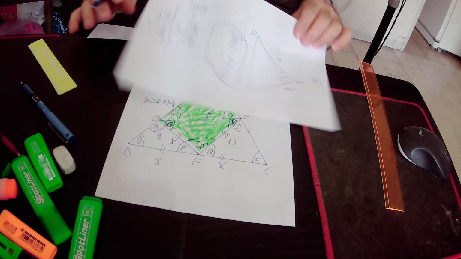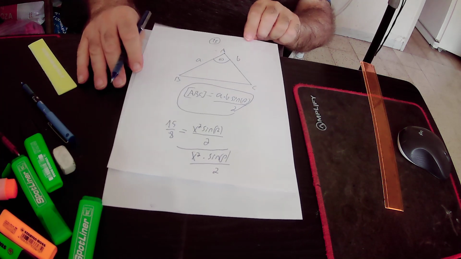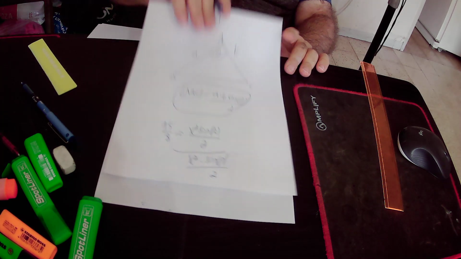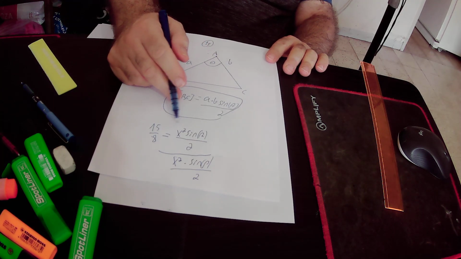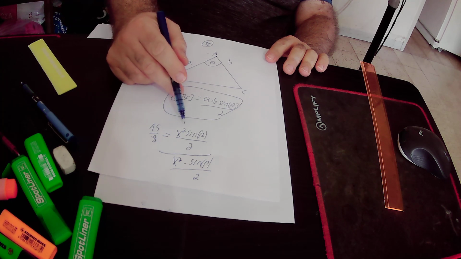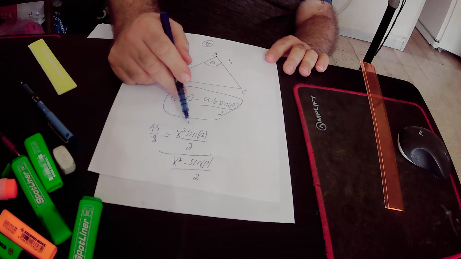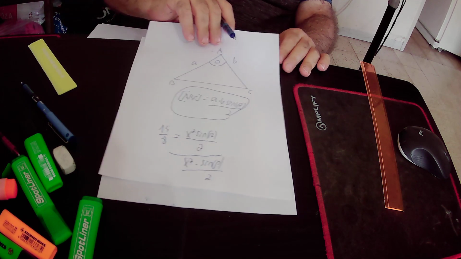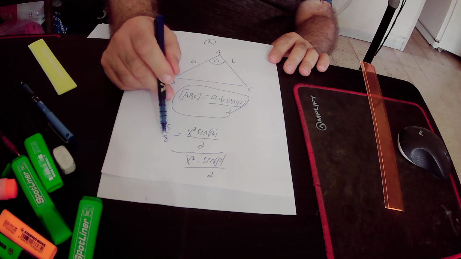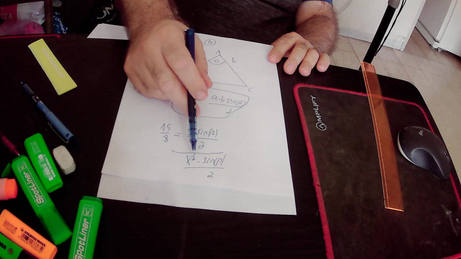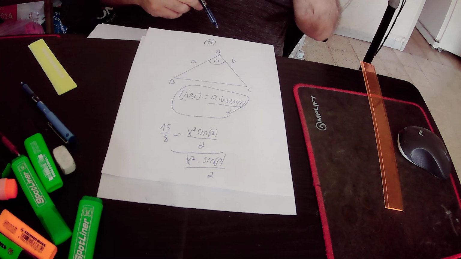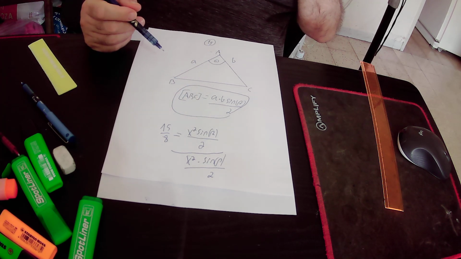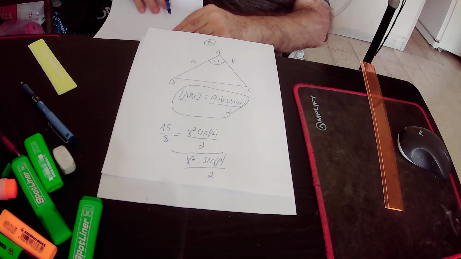Okay, so again we know that the area of triangle EFC equals 15, and the formula for the area of this triangle is x squared times sine q over 2, and the area of triangle DBF that is equal to 8 is x squared times sine p over 2. So here 2 will be cancelled. Okay, so I write it down.